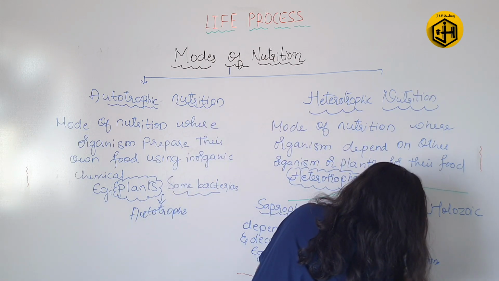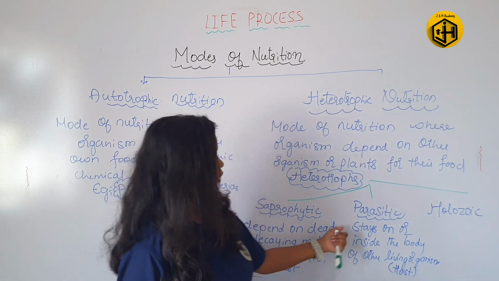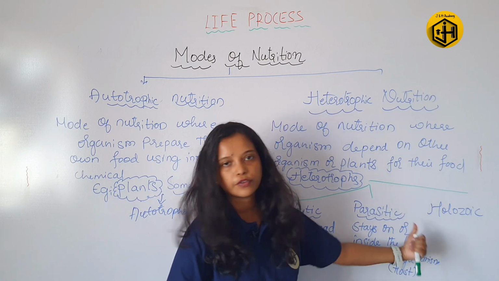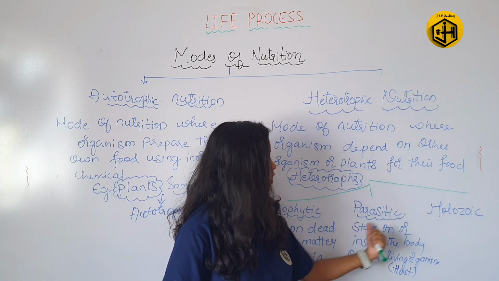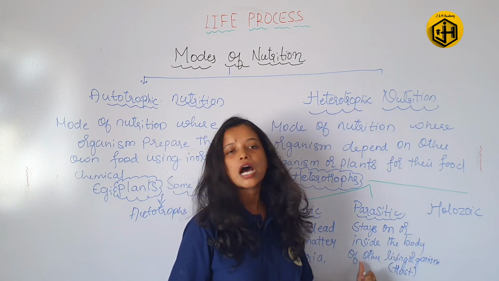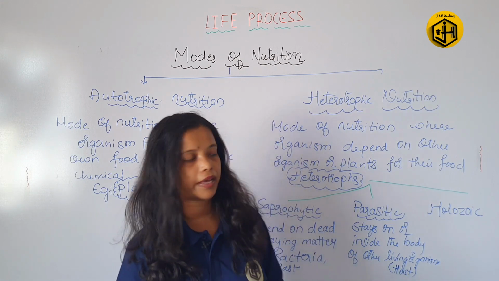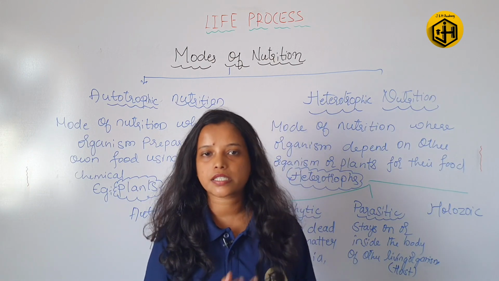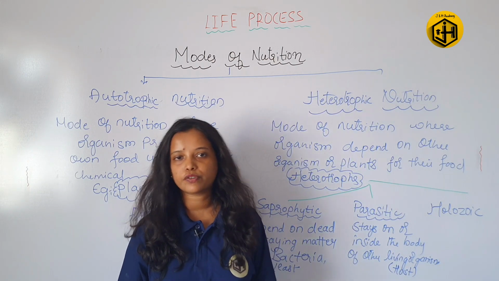This we can also call the host. So you have to write it completely. What is the parasitic mode of nutrition? It is a mode of nutrition in which an organism stays on or inside the body of other living organism. That is called parasitic nutrition, and the organisms are called parasites.